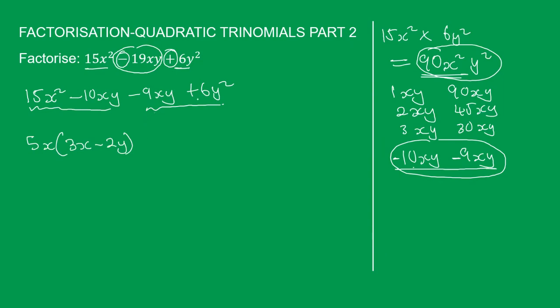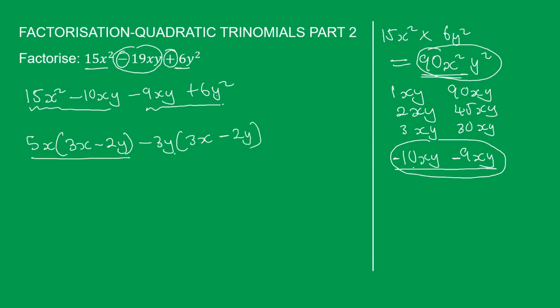For the second pair, we can factor out negative 3y. Negative 9xy divided by negative 3y, you'll get positive 3x, and then positive 6y squared divided by negative 3y, you get negative 2y.